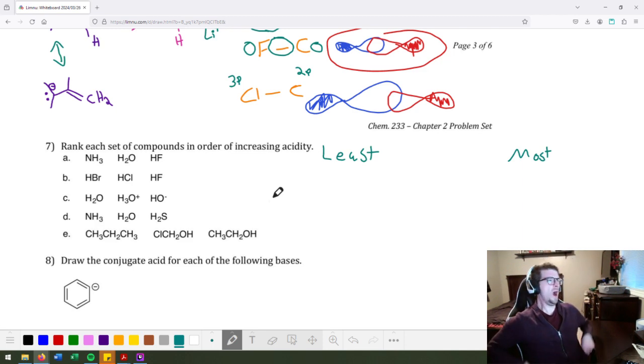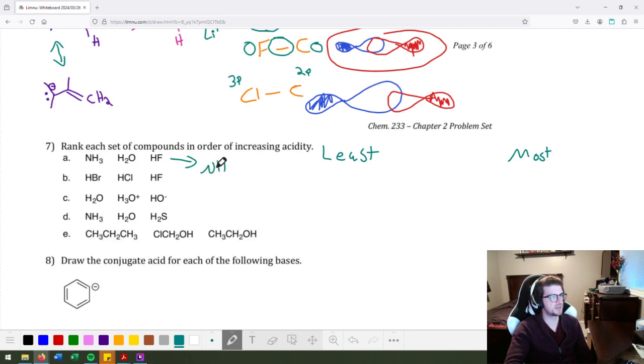So let's draw the conjugate bases, and then we'll use that to assess the acidity. So we've got NH2-, which is an amide, and OH-, which is just hydroxide, and just a classic F-, which is fluoride.